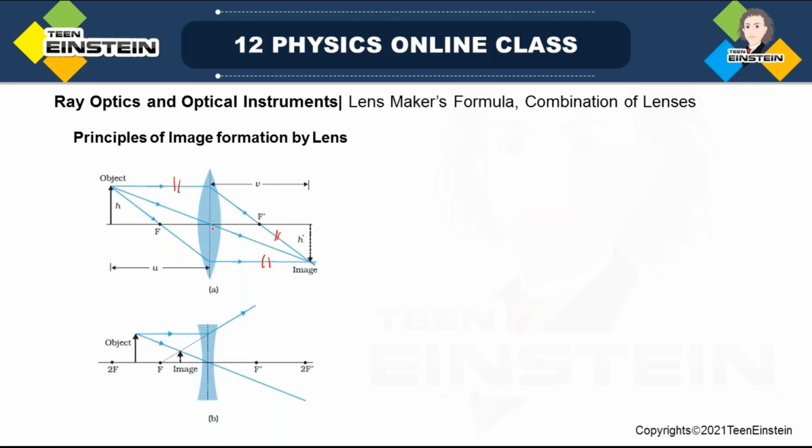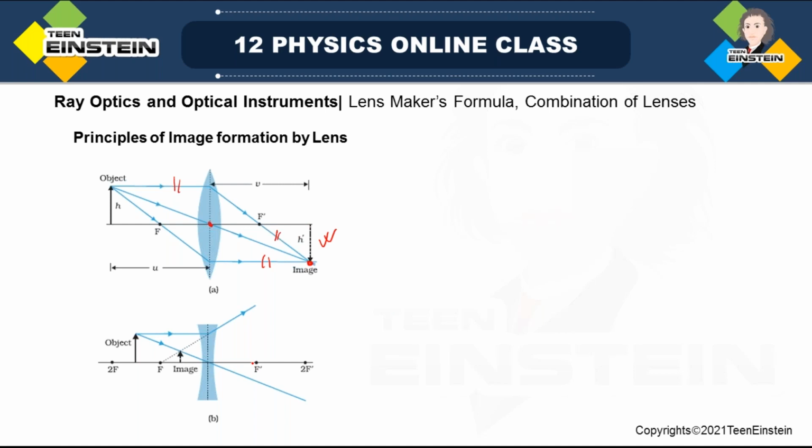And if you take any ray which is passing through the optical center of the lens, it will just pass through. There will be no bending of that ray. And wherever at least two rays are meeting, there will be an image forming for that particular object. So this is the image formation by convex lens.